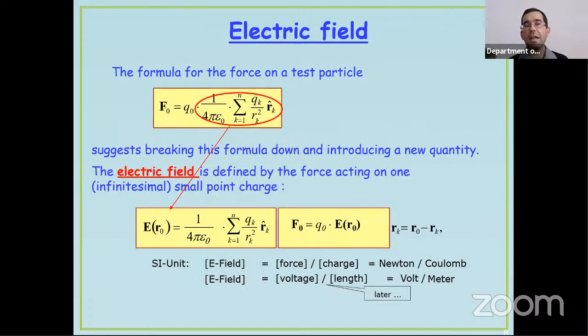And this is the basic idea that we should somehow introduce a new physical concept that characterizes not the pair interactions themselves, but instead the surrounding of the charge. And this will be the electric field. So that's why we would like to introduce this electric field. And this electric field is based on the previous superposition principle.